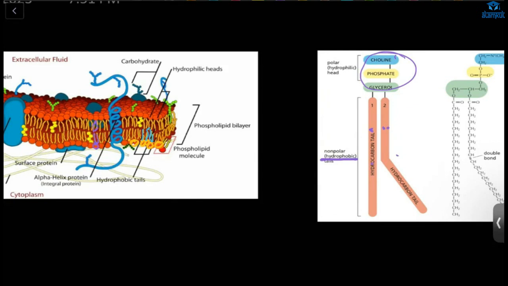This tail is the lipid part, and this is the phosphate part, that is why we call it phospholipid. And bilayer means two layers are there, here also and here also. And this head is hydrophilic, it loves water.